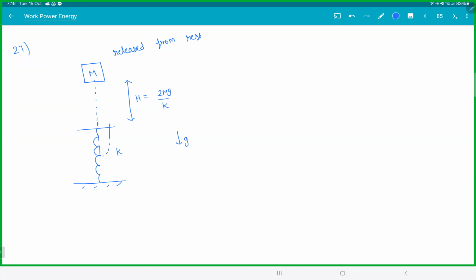Then the spring will push the block up again and it will fly. The block will come down, again it will fly and so on. The block will keep going up and down. Now we will not get into that part, we will see it later in SHM, where I'll ask you to find the time. But for now, find the maximum compression in the spring.